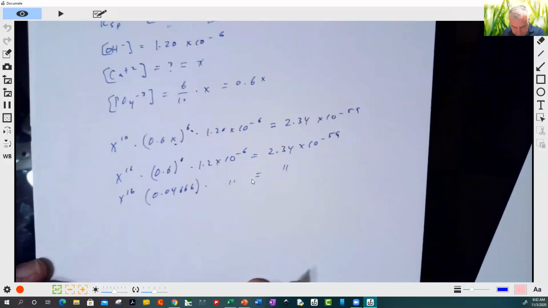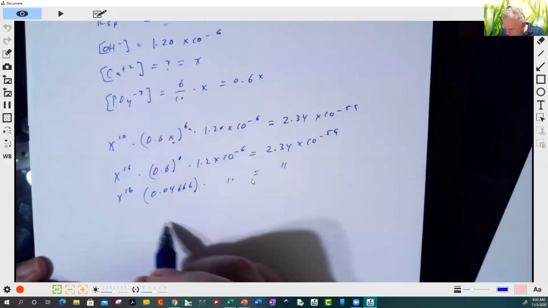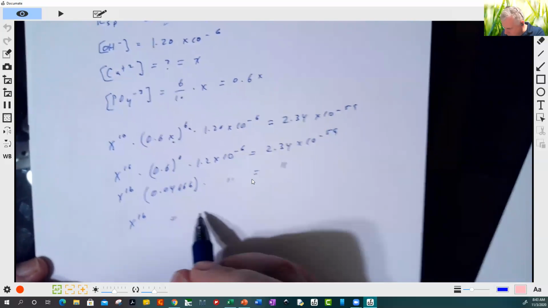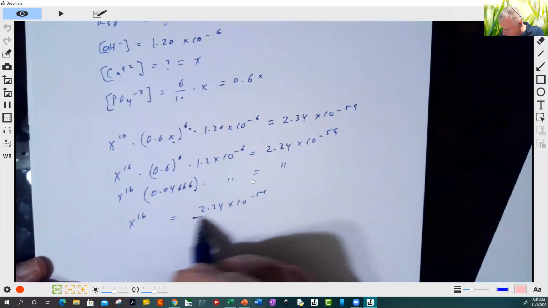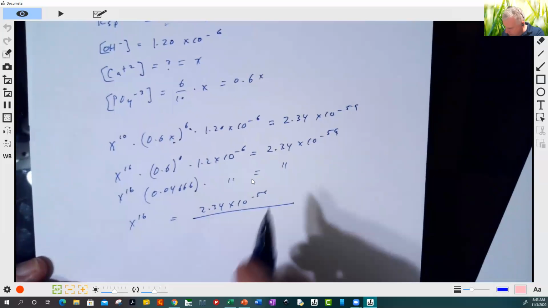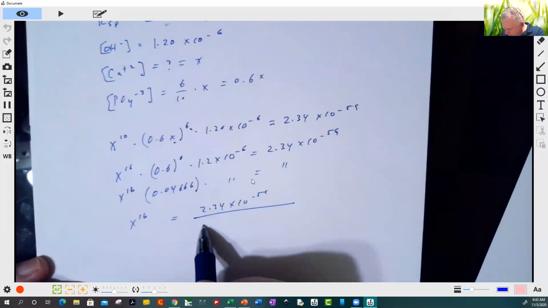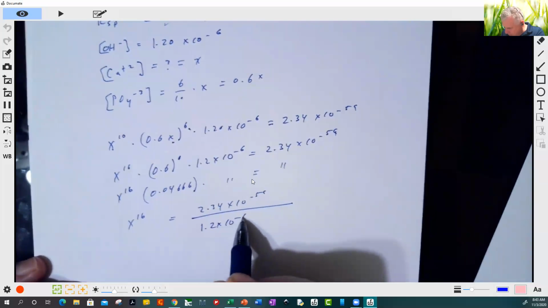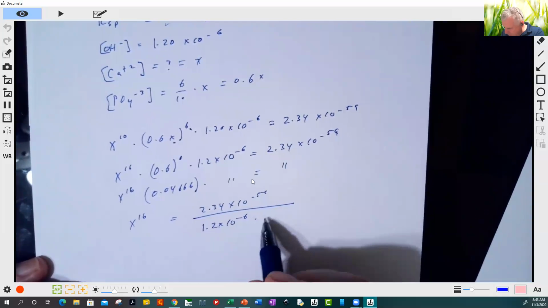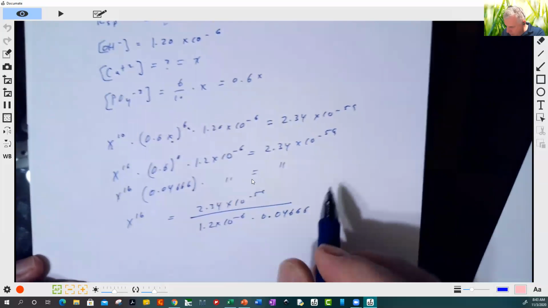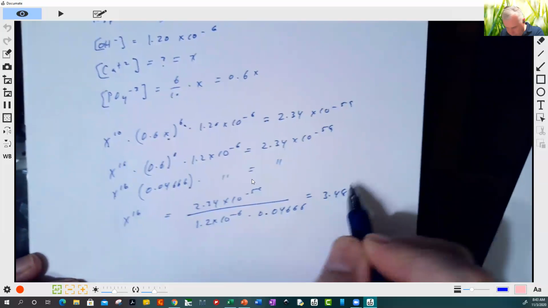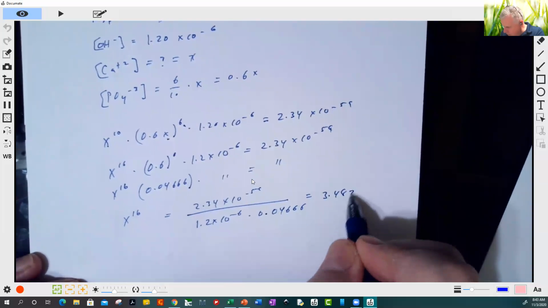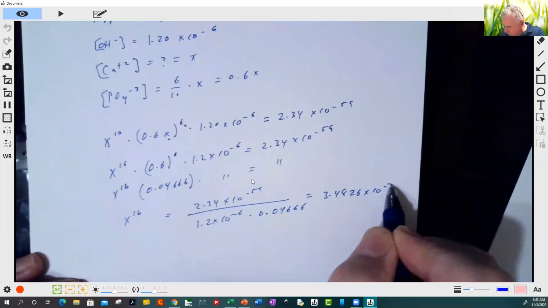Then we can collect terms and say X to the 16th is equal to 2.34 times 10 to the minus 59 divided by 1.2 times 10 to the minus 6 times 0.04666, which equals 3.4826 times 10 to the minus 38.